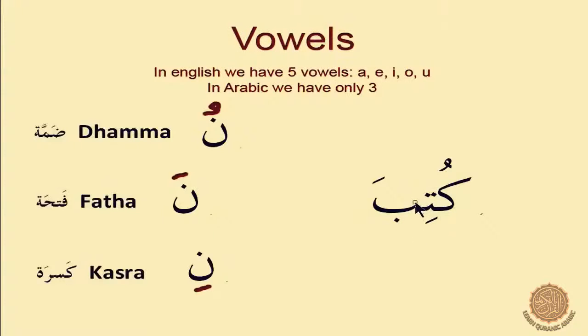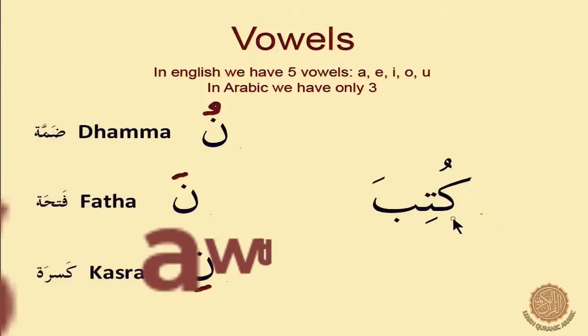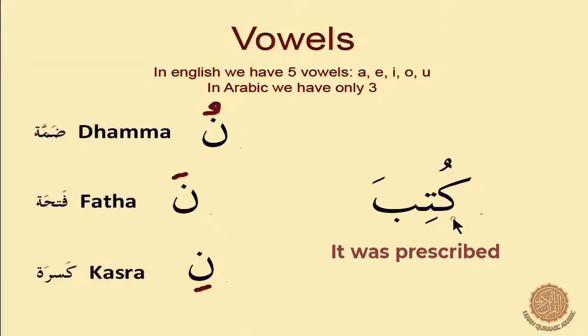And then we have the ba with a fatha on top. And remember, the fatha has an a sound. So that would be ba. So it would be ku ti ba. Kutiba, which means it was prescribed. So that's a brief explanation of vowels.